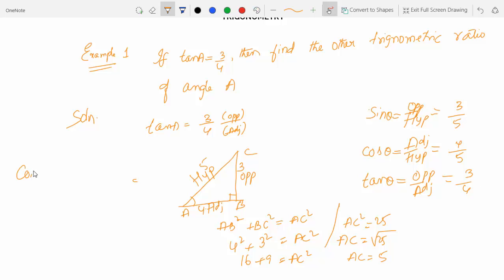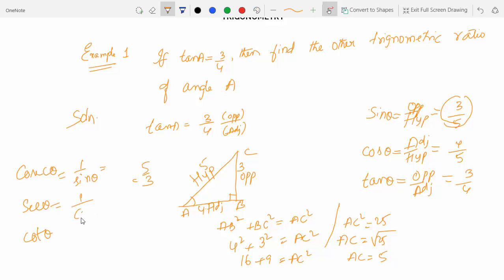Let us find out what is cosecant theta, what is secant theta, and what is cot theta. We all know that cosecant theta is reciprocal of sin theta. Sin theta here we got that it is 3 by 5. So the reciprocal of 3 by 5 is 5 by 3. So cosecant theta is 5 by 3.